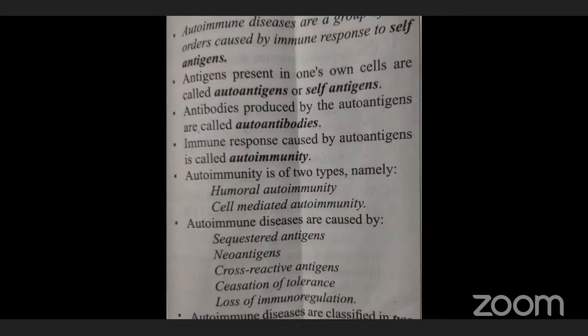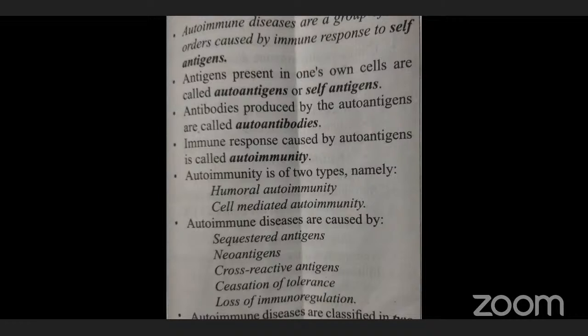Autoimmune disease was first observed by Donath and Landsteiner. Kindly try to understand the difference: autoimmunity was observed by Metchnikoff, but autoimmune disease was observed by Donath and Landsteiner. Clear?